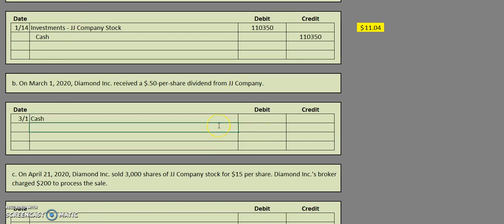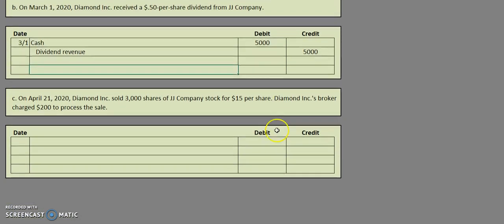As for the amount, this is going to be 50 cents per share, and we have 10,000 shares, so we're receiving $5,000. When we're using the cost method, the credit will be to the dividend revenue account. Credit a revenue account to make it go up. So we have a debit to cash for $5,000, a credit to dividend revenue for $5,000, and we're done.